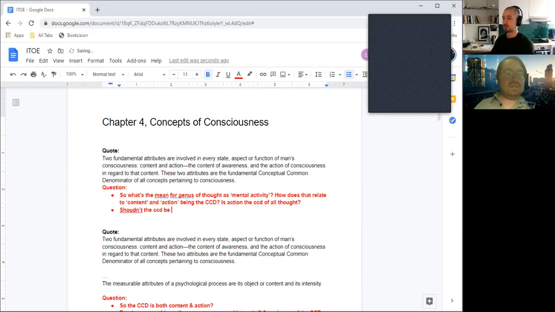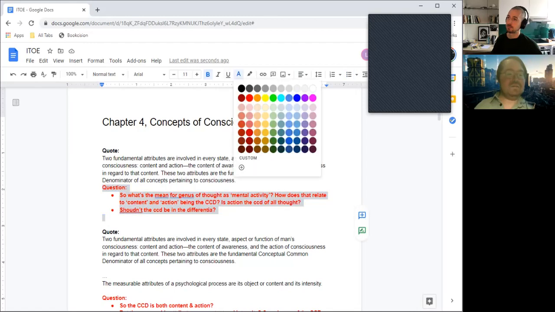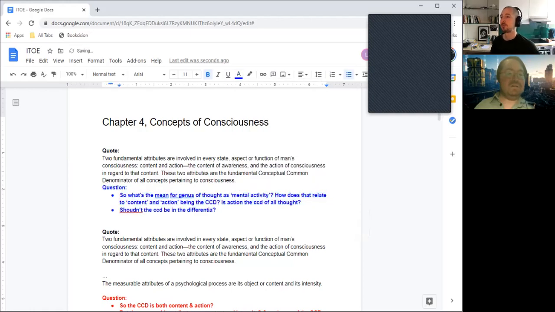There's nothing else to it. It's just the measurement of action varies. The particular measurement of the action varies, which I guess would be like intensity would be a way to measure action. Content would be like, I don't know, degree of abstraction. I mean, those would be CCDs, I think.